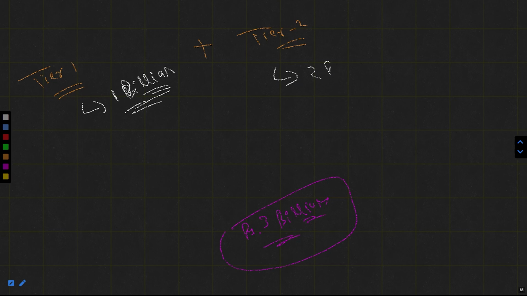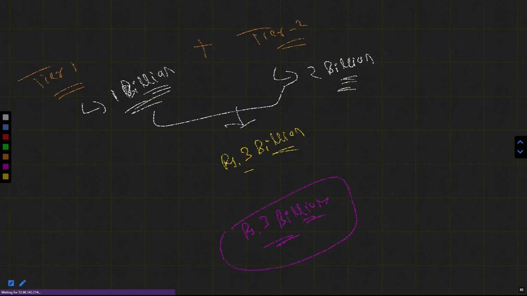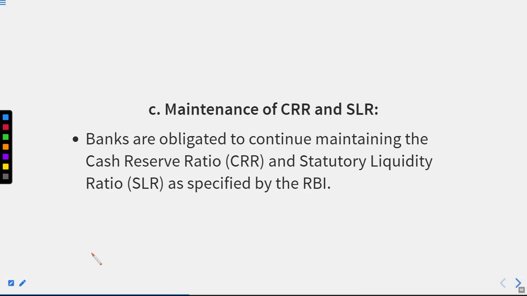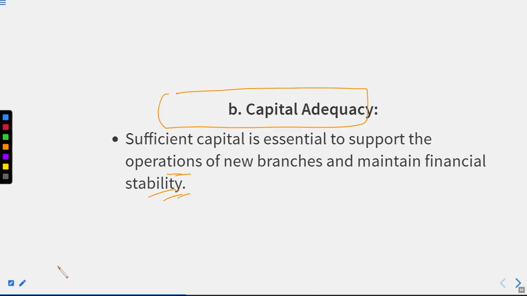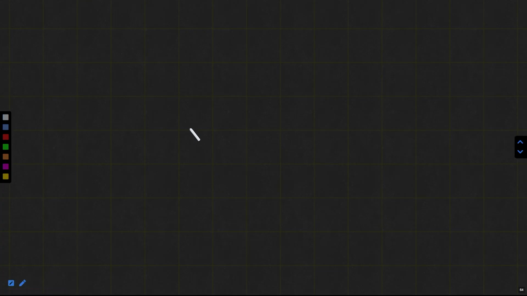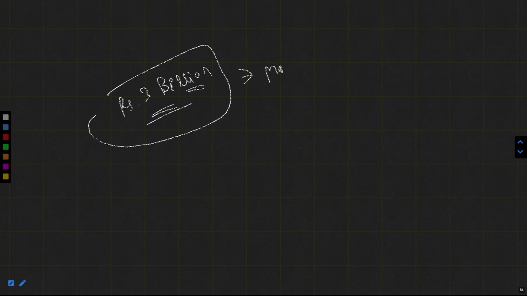In tier 2 capital they have 2 billion additional. So by merging tier 2 and tier 1, they now have rupees 3 billion, which states that now they are maintaining the minimum capital reserve. Alright, so now I hope you have understood tier 1 and tier 2.